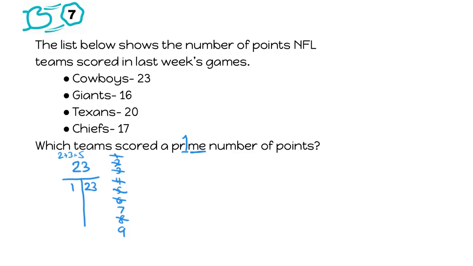7, there's no real trick to 7 except for to know your 7s. You can use the little tic-tac-toe board that we learned as a shortcut to getting those 7s. You got 7, 14, 21, and then you start with that ones place.